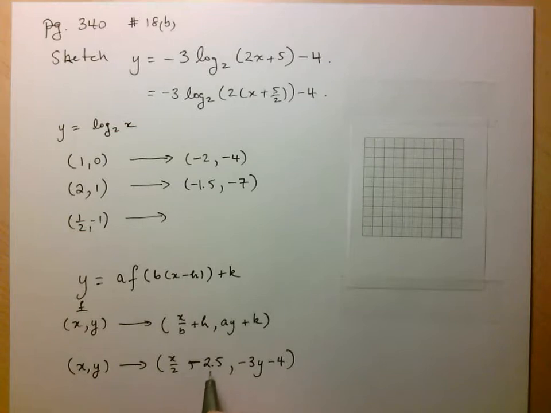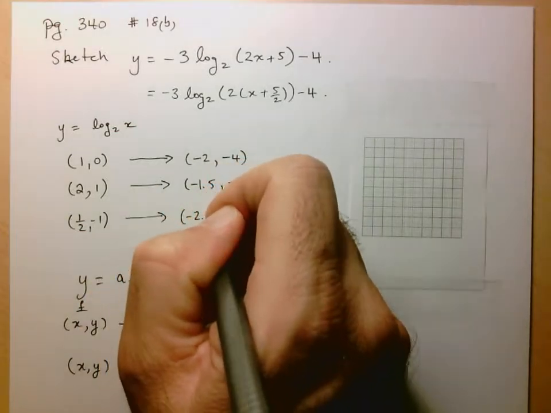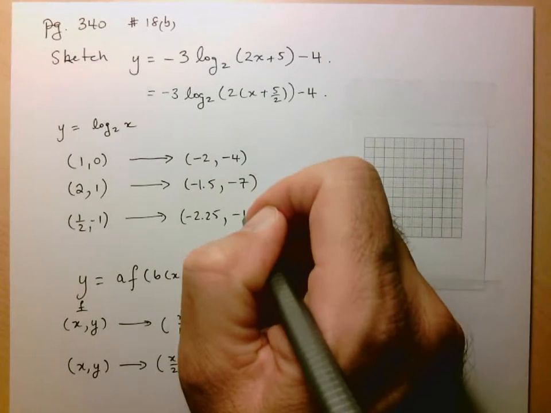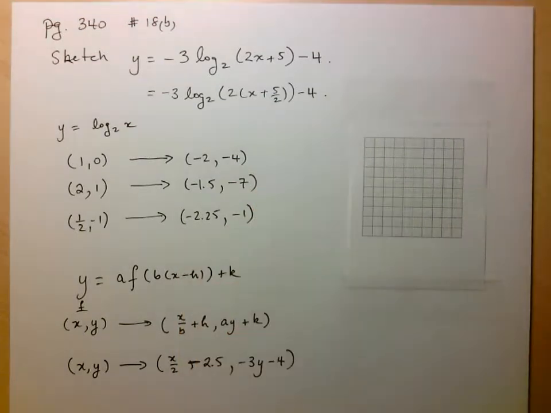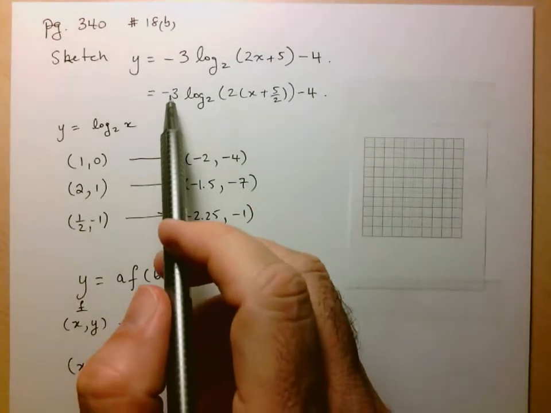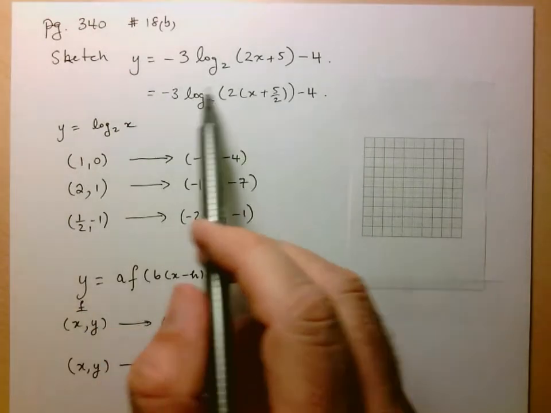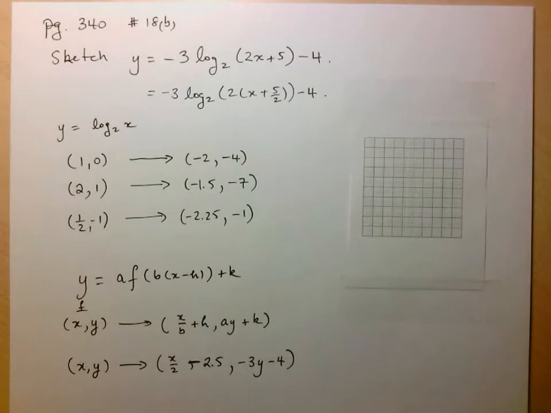So that's going to be negative 2 1/4, or negative 2.25. And then negative 3 times negative 1 is positive 3 minus 4, negative 1. Now in your head you should also be thinking, I've got this flip along the x-axis, and try to think of what the end result should look like.